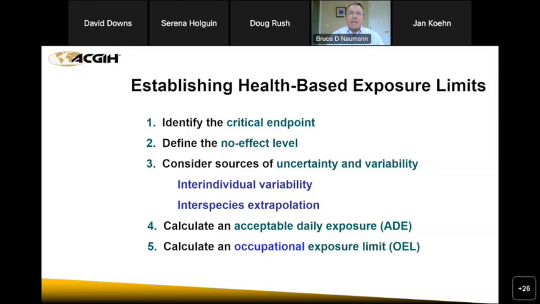The terminology has changed over the years, and we tend to use adjustment factors now, but we're really talking about various sources of uncertainty and variability, inter-individual variability, interspecies extrapolation, depending on the data set and what we're extrapolating from. And ultimately, we're really trying to come up with an acceptable daily exposure.